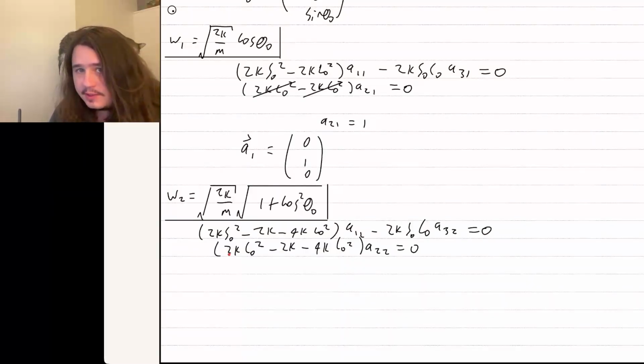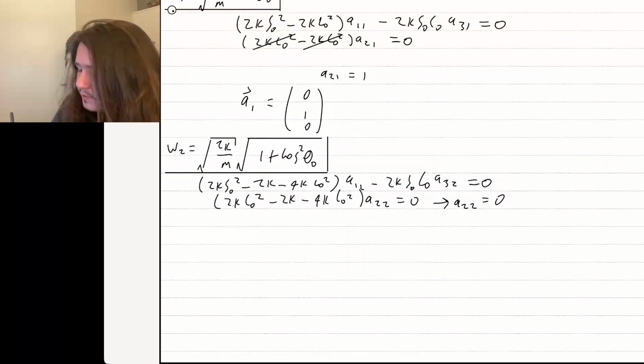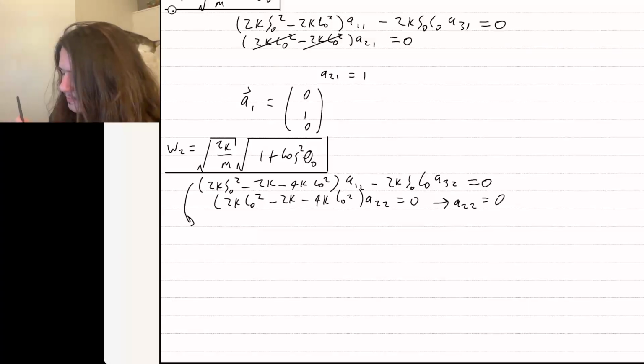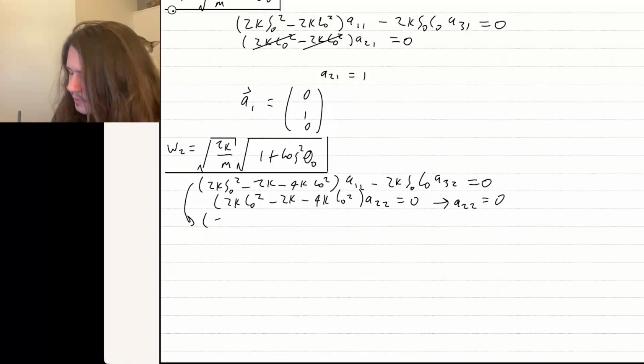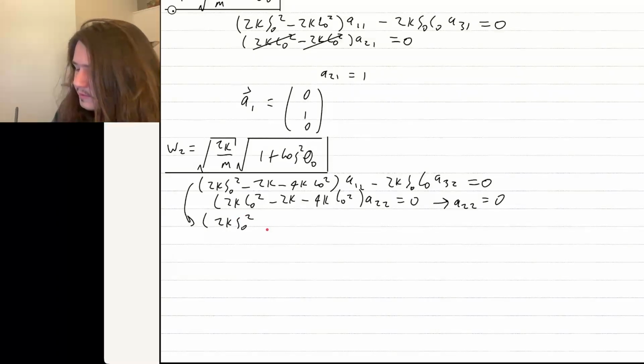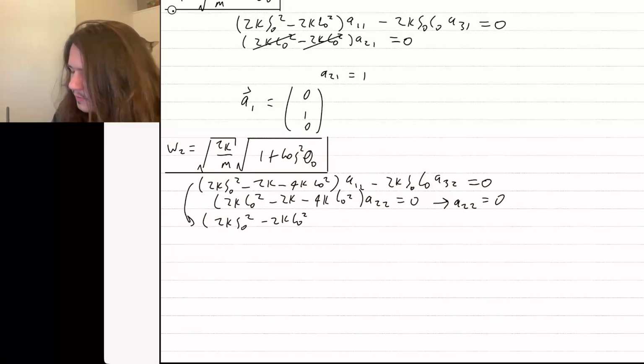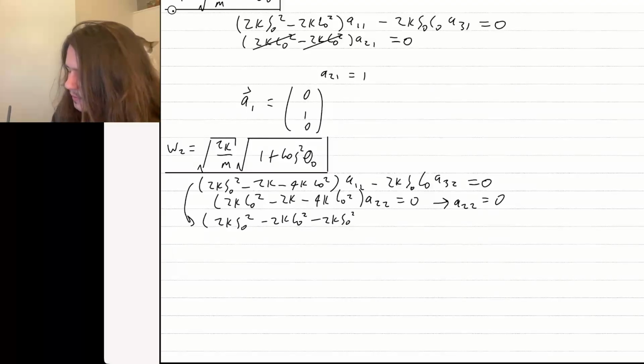Yeah, this inside the parentheses now does not exactly cancel out to 0. So you just have to make the a22 equal to 0. So let's just write out what this is in a little bit more detail, especially considering that minus 2k is actually just minus 2k times cosine squared theta minus 2k times sine squared theta.